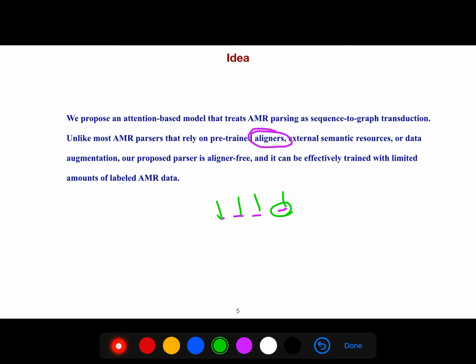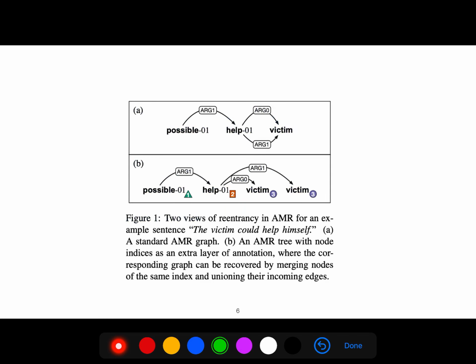It has a complex nature. Also, AMR is not a tree. It is a directed acyclic graph, a DAG, or even a general graph. So it's much more complex than what you have seen so far. For this formalism, in order to get a good F1 score and good accuracy, you need to know something.